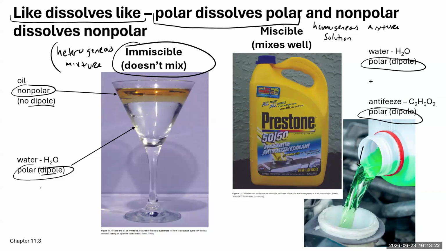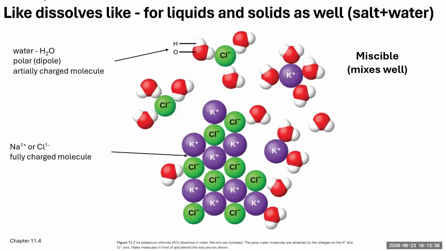And if they mix together well, they're called miscible. Miscible means mix as well. Immiscible means doesn't mix, right? And again, polar dissolves polar, non-polar dissolves non-polar. Like dissolves like, and that happens for liquids and solids as well, right?